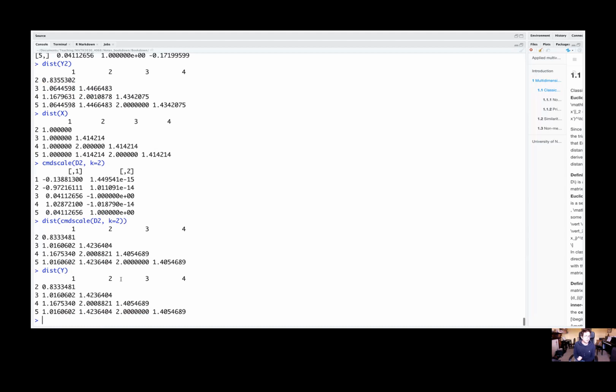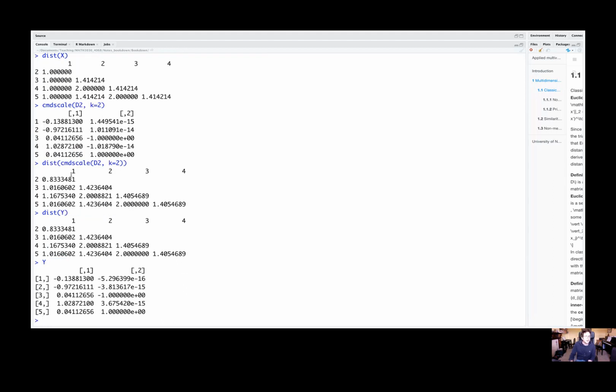This is the same, I hope, yep, as the distances of the Y's we computed ourselves. They might not be the same points. If we look at Y, in this case, it has given us the same set of points. The output from cmdscale is the same as the output we computed. There's some rounding issues, but you can see it's the same set of points, and the distances are exactly the same.